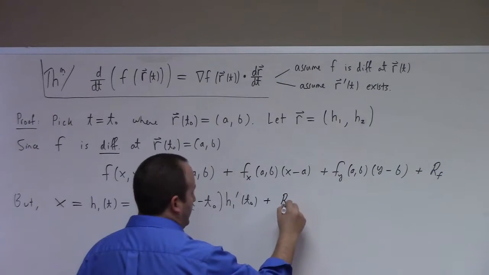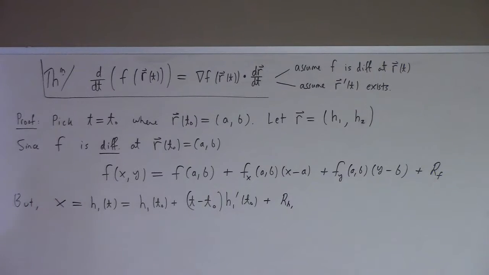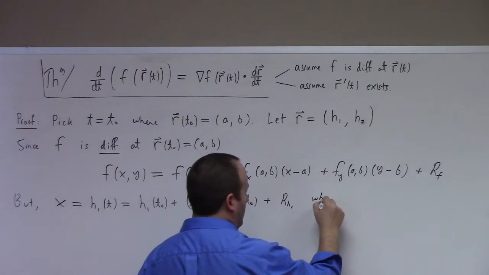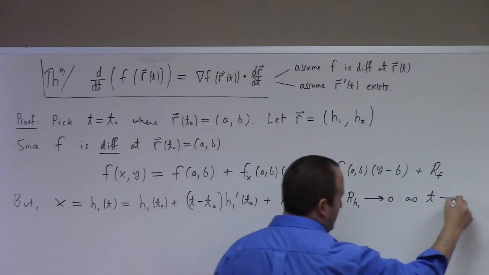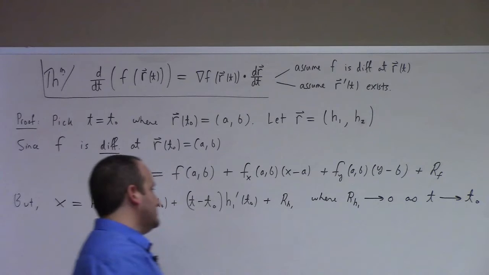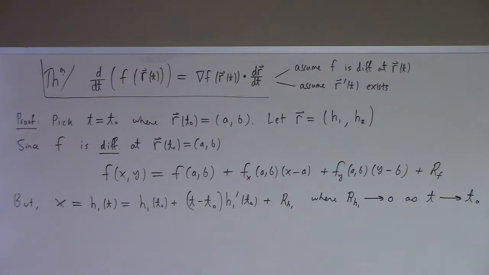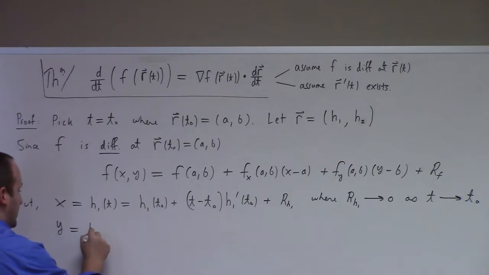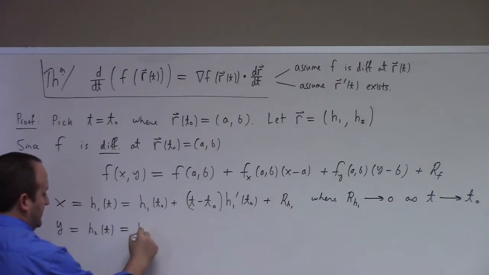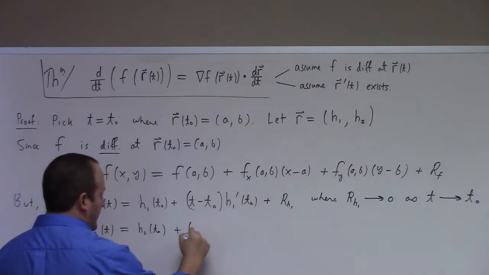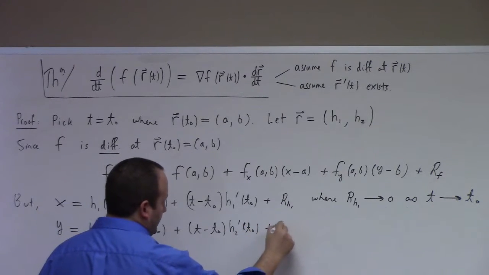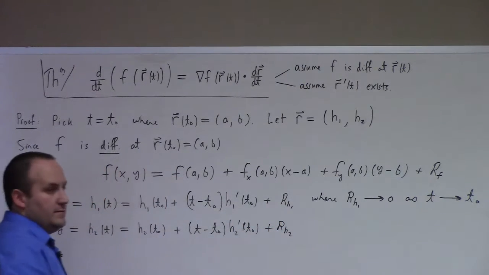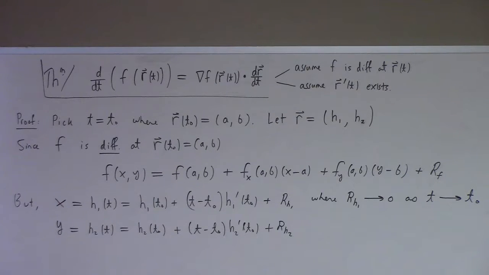Some remainder term in h1, which will go to 0 as t goes to t naught. But I have the same song and dance for y. Because if I have y equal to h2 of t, well, that's h2 of t naught plus t minus t naught times h2 prime of t naught, plus the remainder of h2, where likewise the remainder goes to 0.